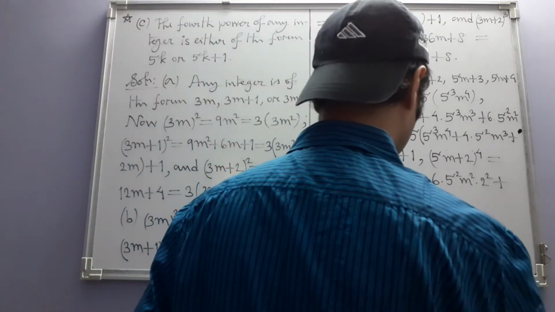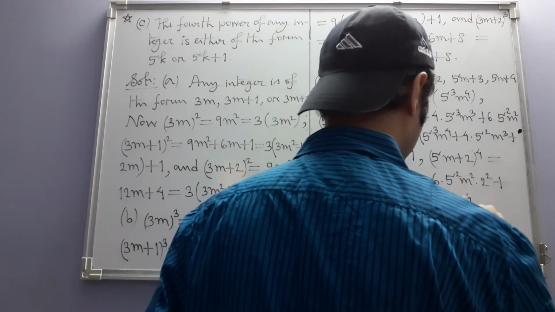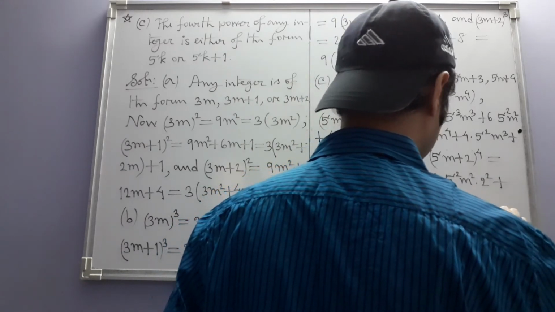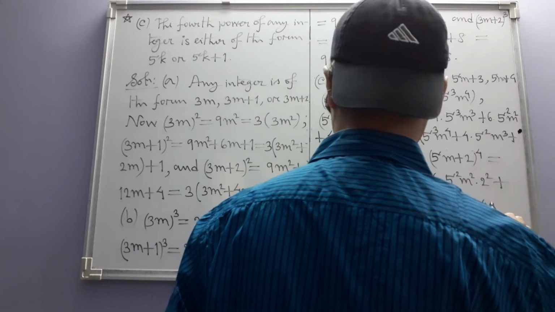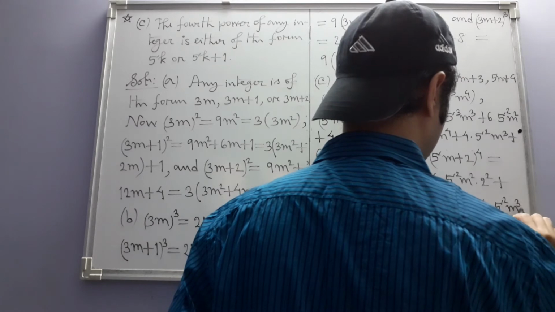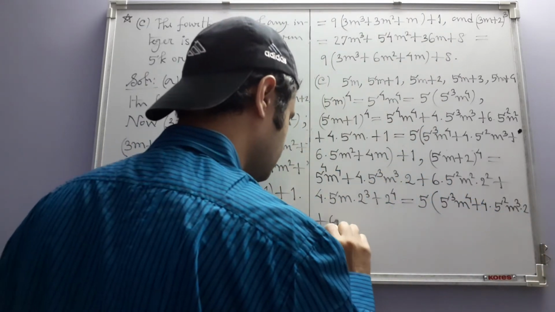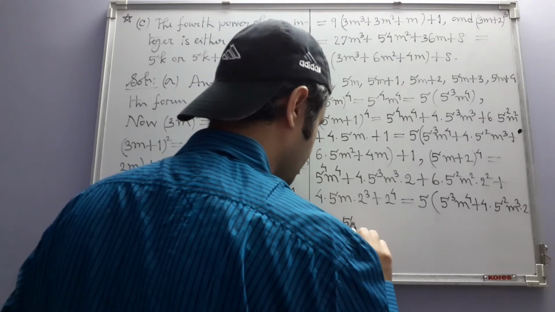So we are left with 5 cube m to the power 4 plus 4 times 5 square m cube times 2 plus 6 times 5 m square.